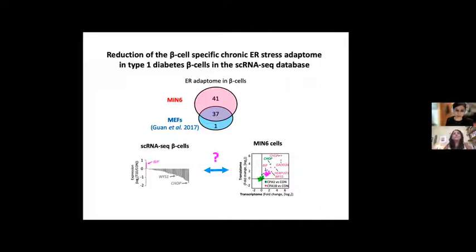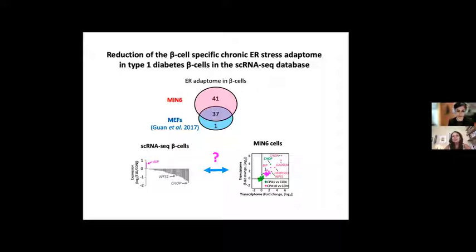So I told you before that the MIN6 cells make a big effort to really upregulate ER protein processing. So we asked the question, what happens to these 78 genes that are involved in ER protein processing? We looked at the single beta cell analysis, the data from HPAP, and we found all of them are downregulated except BiP.